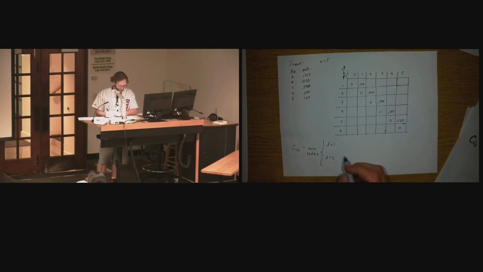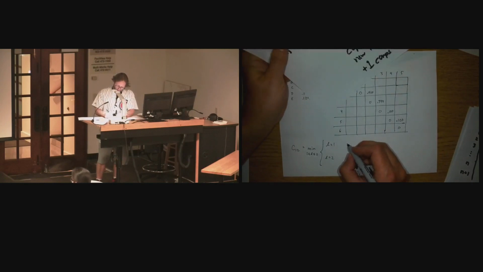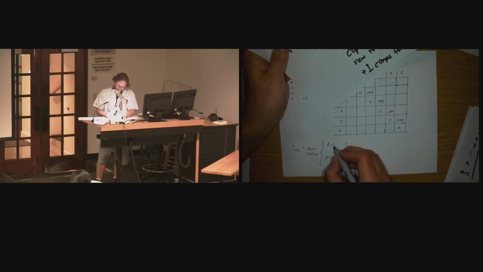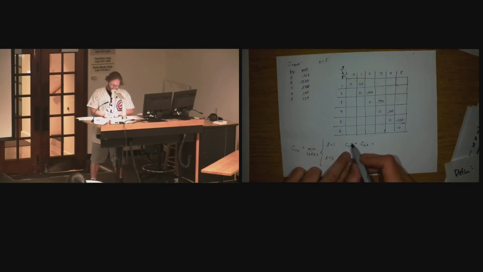This is the value of i. i in this case is 1, l minus 1 is 0, plus C sub l plus 1, which is 2, j, which is 2. All you have to do is look up C sub 1, 0.